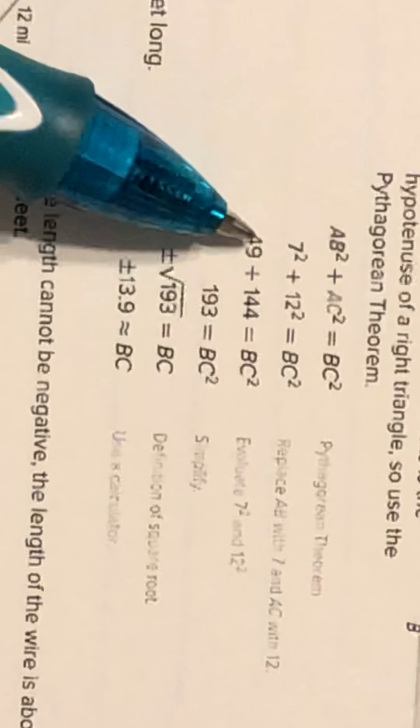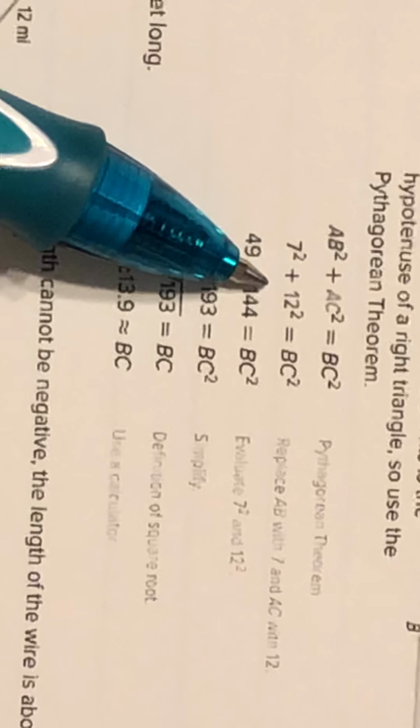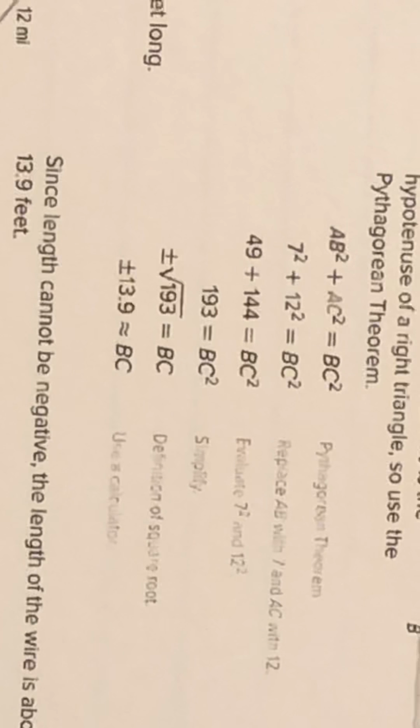So the length of one of my legs is 7 feet. So 7 squared plus the length of my flagpole, which is my other leg, 12 squared, equals the length of my wire squared.